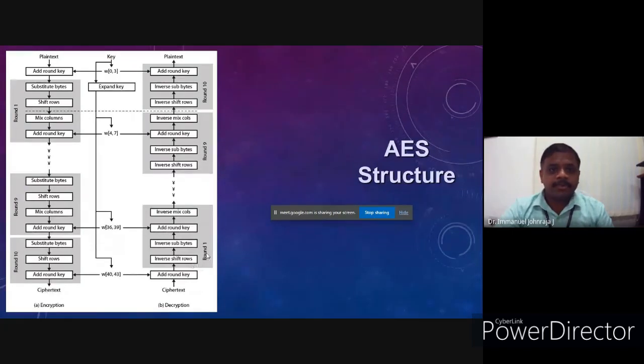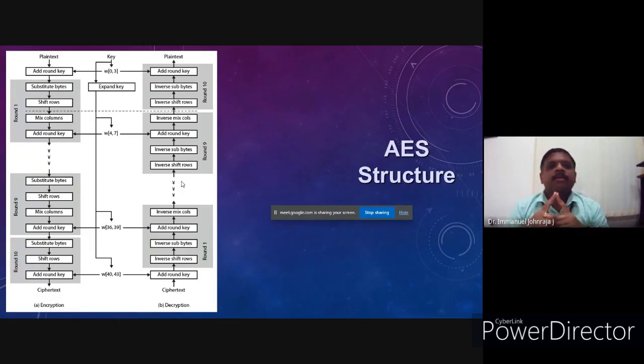This is not shift rows, it is inverse shift rows, inverse substitute bytes, and then add round key. Just a reverse of it. Wherever you go, you got the inverse. So in AES decryption, whatever has happened at the encryption side is done in the reverse way. But that is not the case for the Feistel structure or DES. There the key is supplied in the reverse way, but the operation is the same.